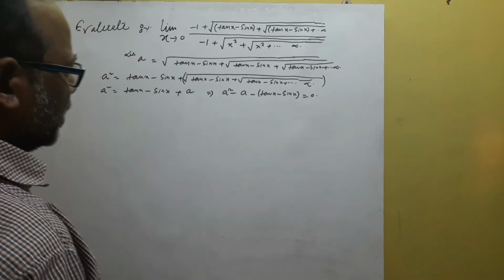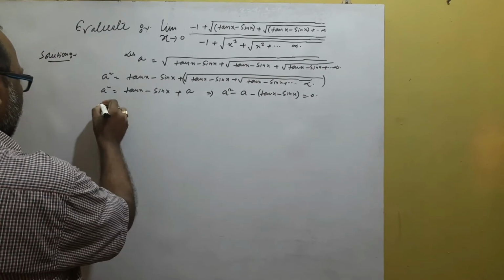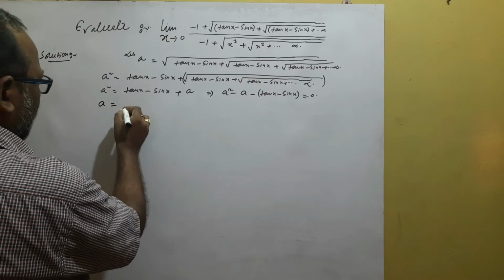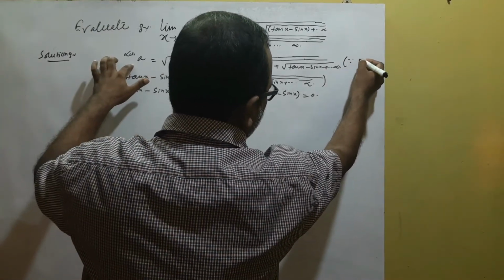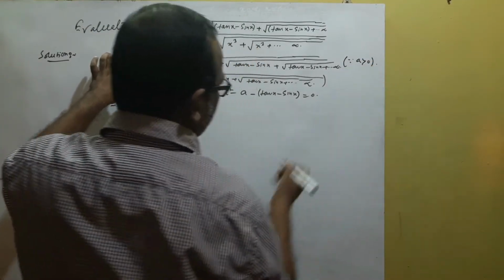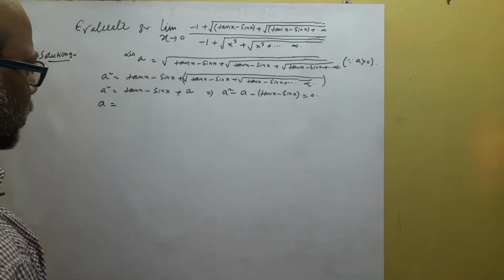Now let us apply the formula of Sridhar. Since a is more than 0, this is positive.